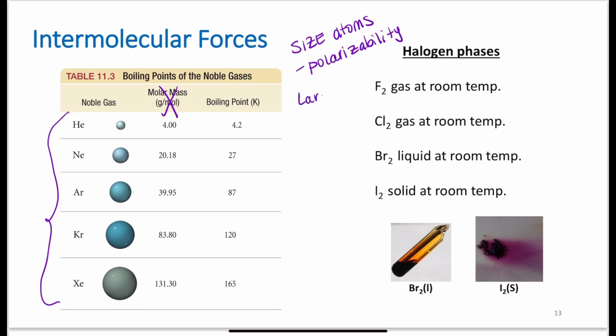The larger the atom, the larger the species, the more polarizable it is, which is going to lead to a greater effect of the IMF.